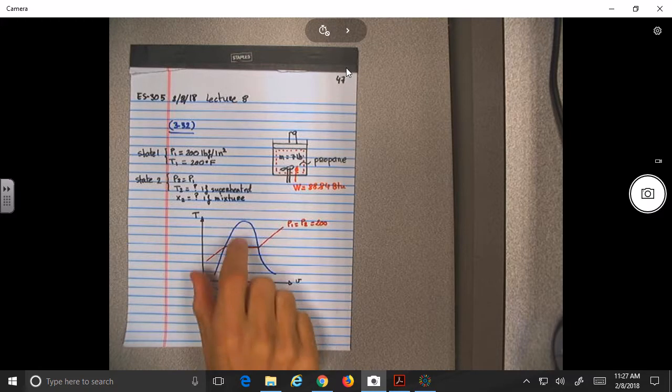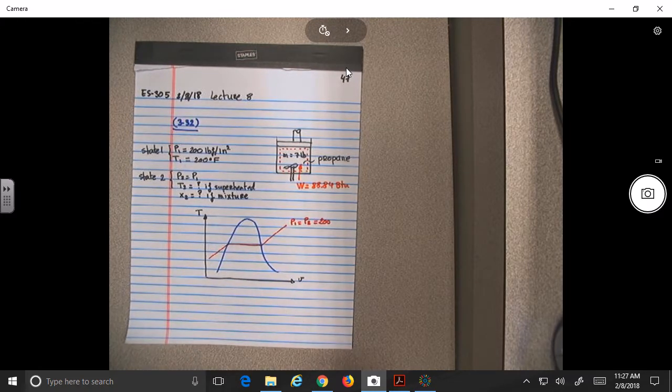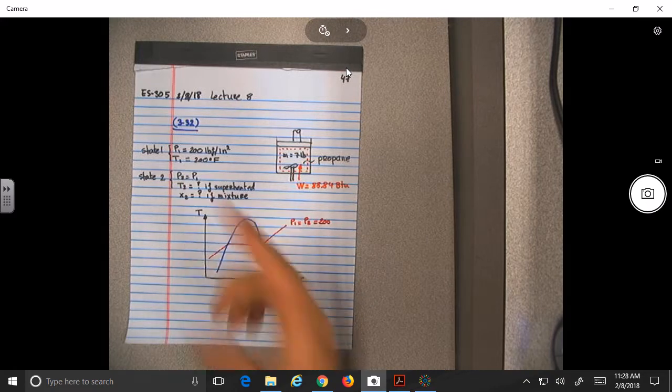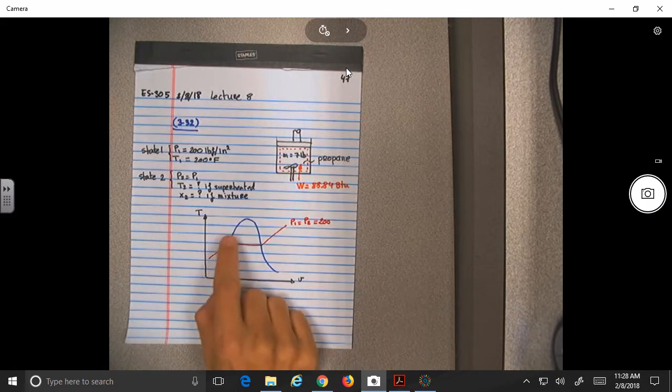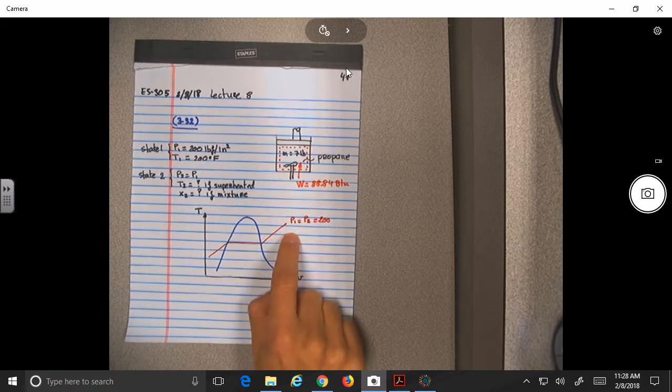In order to find a point on a plane, which is this figure, you need to have two properties, the X and the Y, okay? So in this case, we know what P is, so we need to know what T is, no? So for example, if T is under this value, it will be liquid, no? If T is higher than this value, then it will be in this area, gas, no? All right? So let's see.